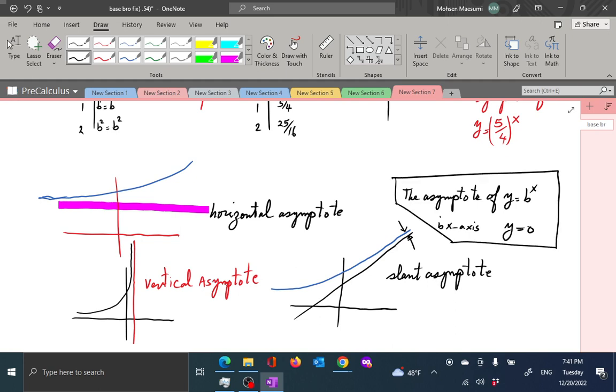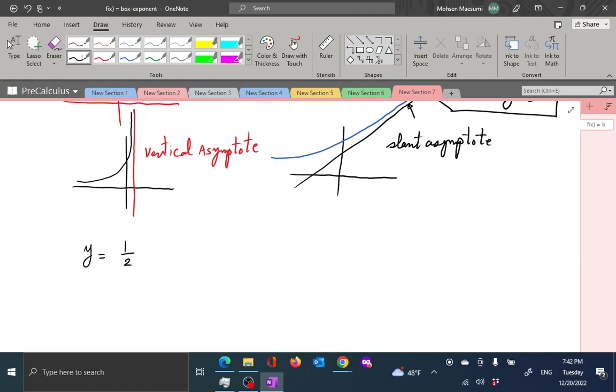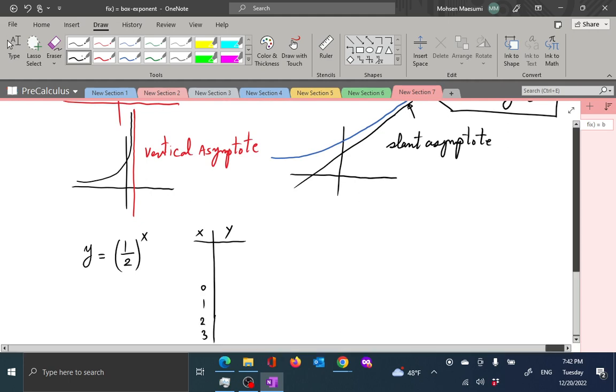The asymptote of b to power of x is y equal to 0. Now let's look at another example. Suppose I have 1/2 to power of x. If you make a table for it, here's an x and here's a y, say 0, 1, 2, 3, -1, -2, -3.